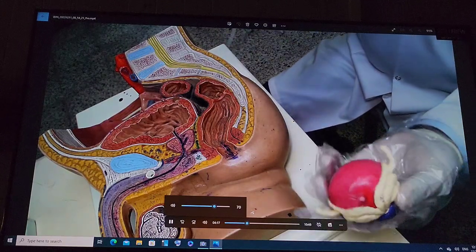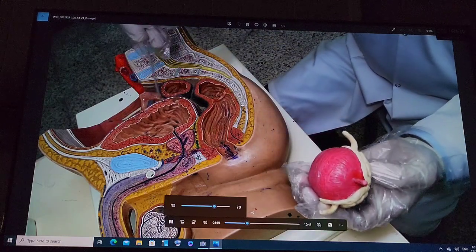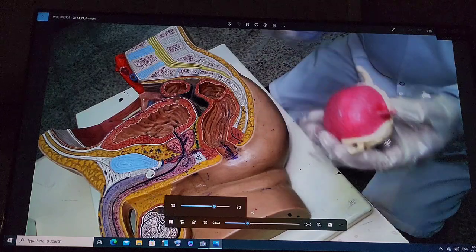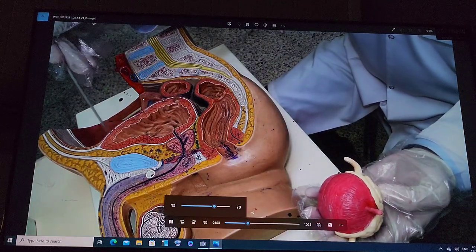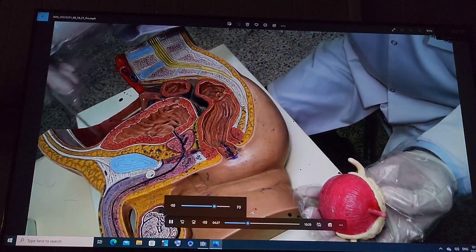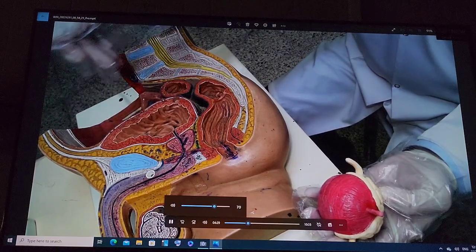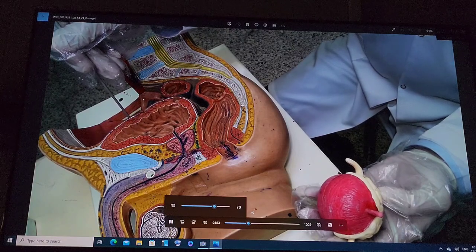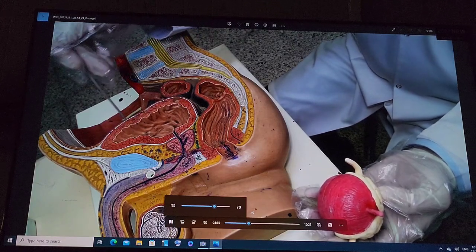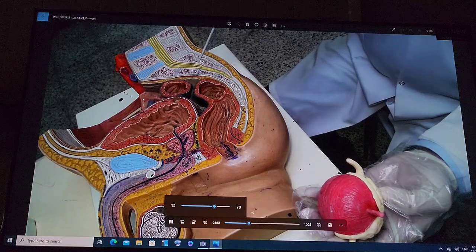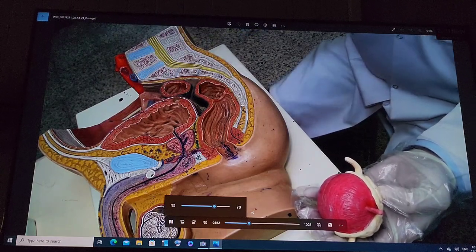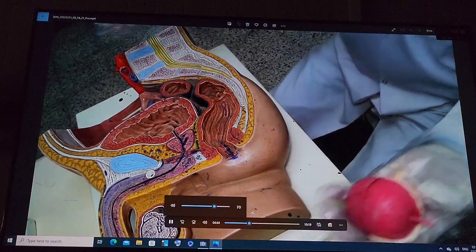The superior relation of the urinary bladder in the male is the peritoneum. You can see the peritoneum here, and the superior part of the urinary bladder is occupied by coils of ileum and the sigmoid colon. While in the female, the superior relation is the uterus.